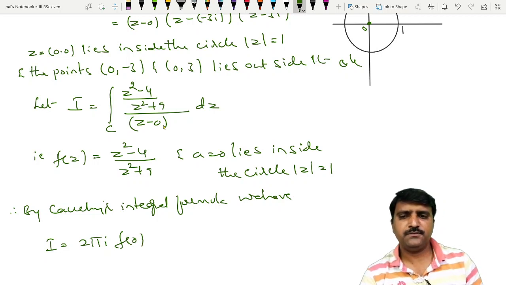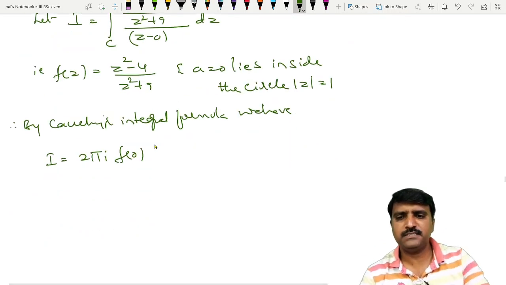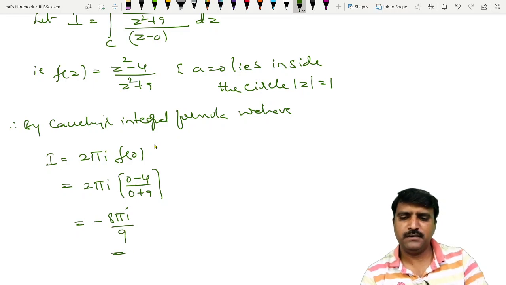What is f of 0? You put z is equal to 0 here. So that is 2 pi i into f of 0, which is 0 minus 4 by 0 plus 9. So that is equal to minus 8 pi i by 9. So like this.